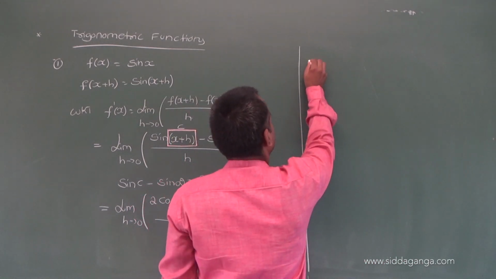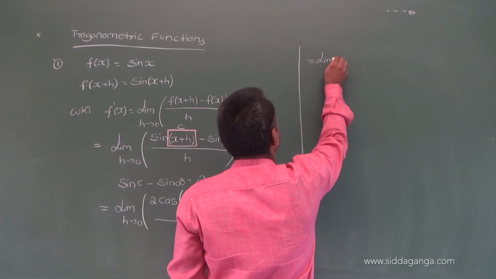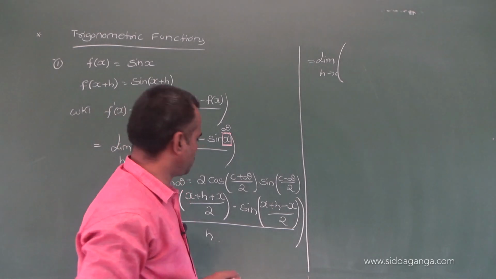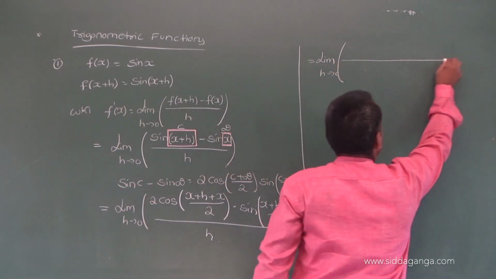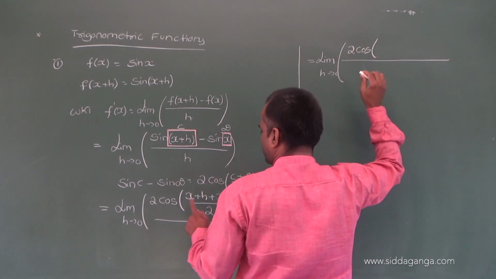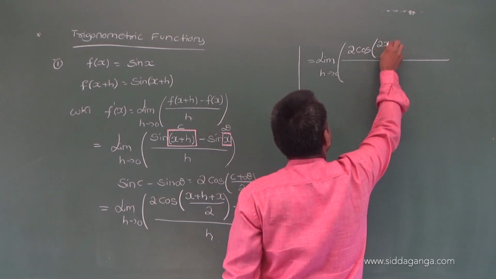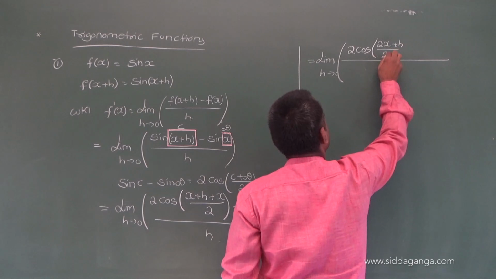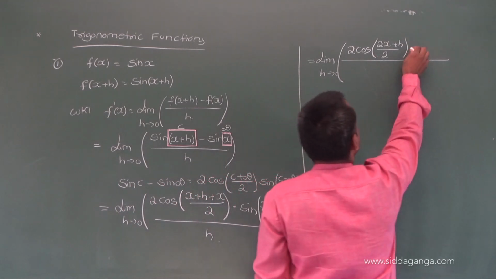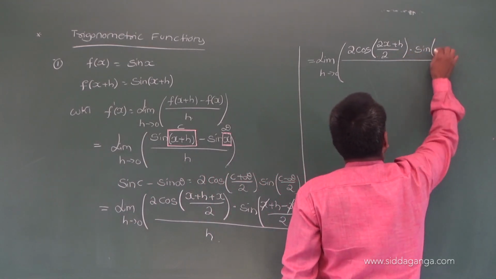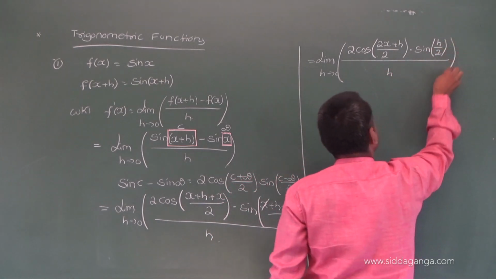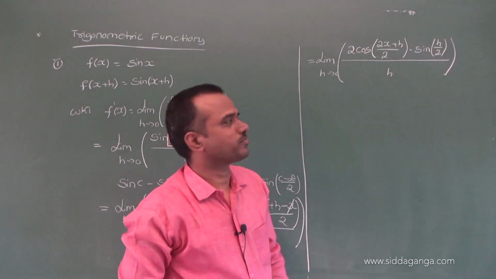That is equal to limit h tends to 0, 2 cos of x plus x, 2x plus h by 2, correct? And observe here, plus x minus x gets cancelled, sin h by 2 into h.